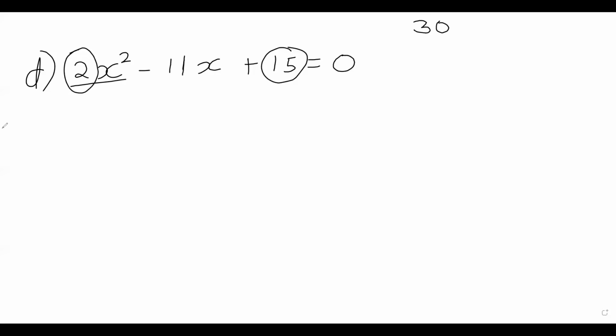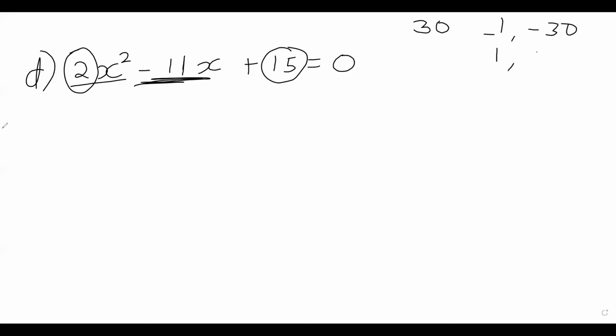When we multiply them together, they should give us 30, and when we add them together, they should give us negative 11. So let's think about all possible values that we can multiply together and get 30. We can start with the very simple ones like negative 1 and negative 30.